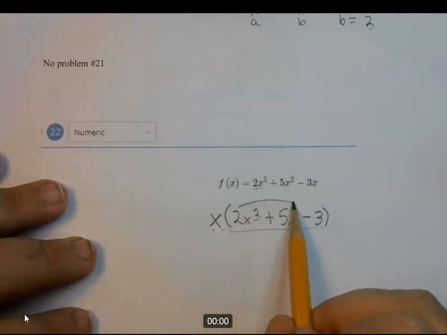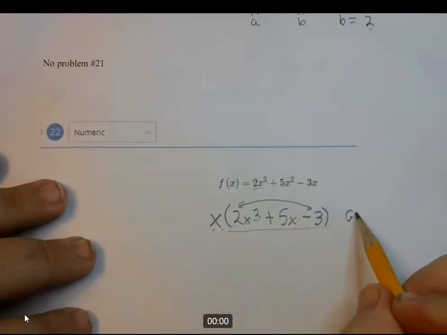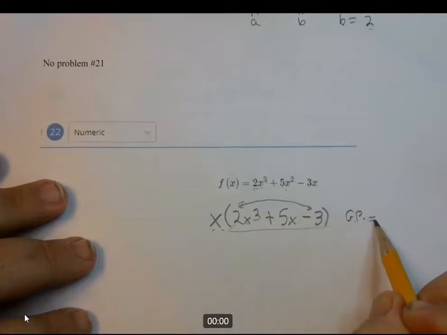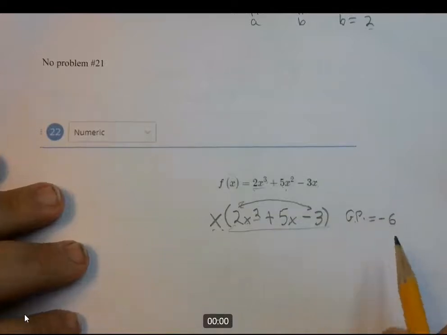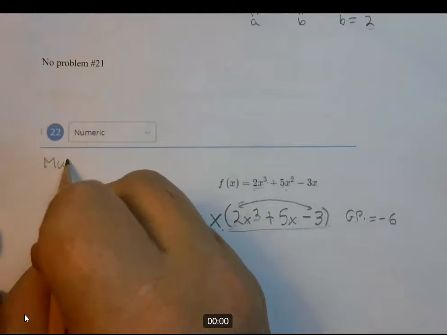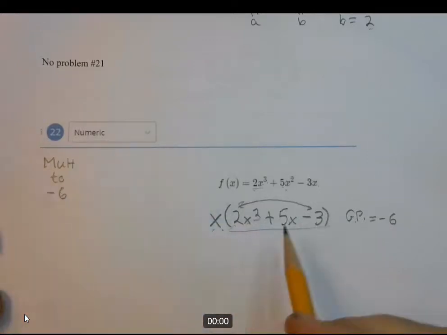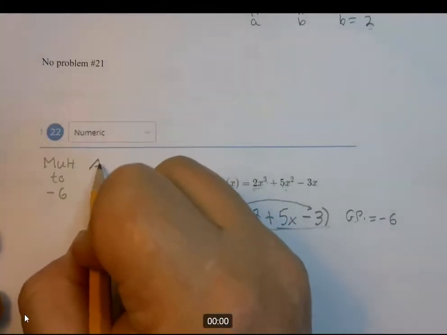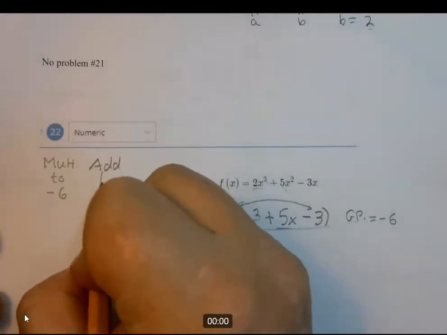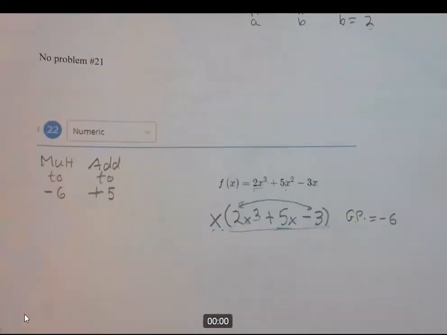So remember that we find the grand product. So the grand product, GP, equals negative 6. So I'm going to come over here. We need to find two numbers that multiply to negative 6, and they have to add up to positive 5. All right.